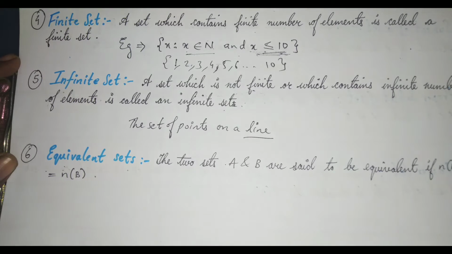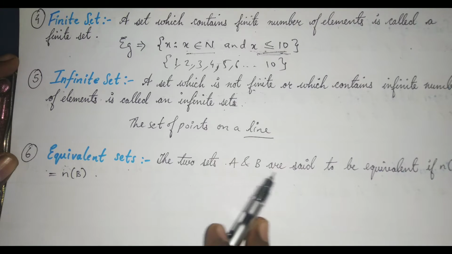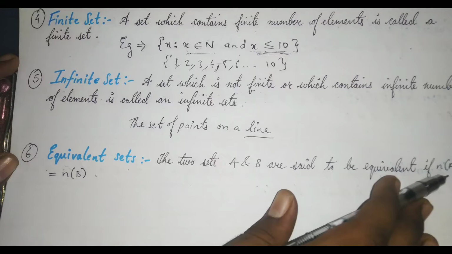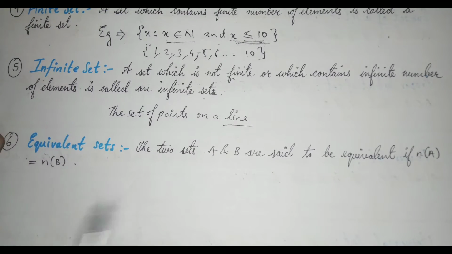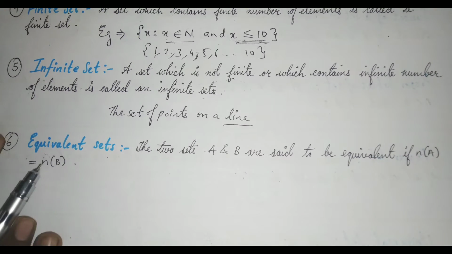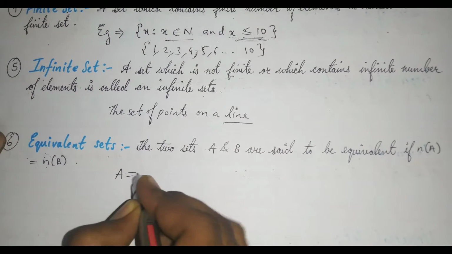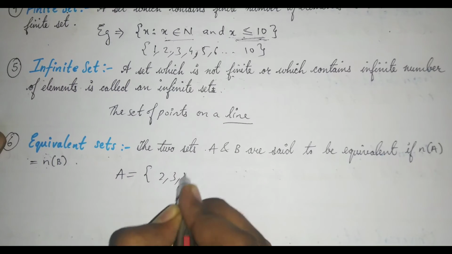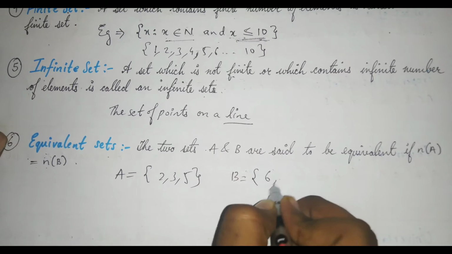Moving on to the last and final set, equivalent sets. Here also you have to take two sets and compare them, as we did in equal sets. Two sets A and B are said to be equivalent if the number of elements in A is equal to the number of elements in B. Suppose I take A as the set {2, 3, 5}, and B as {6, 7, 8}.